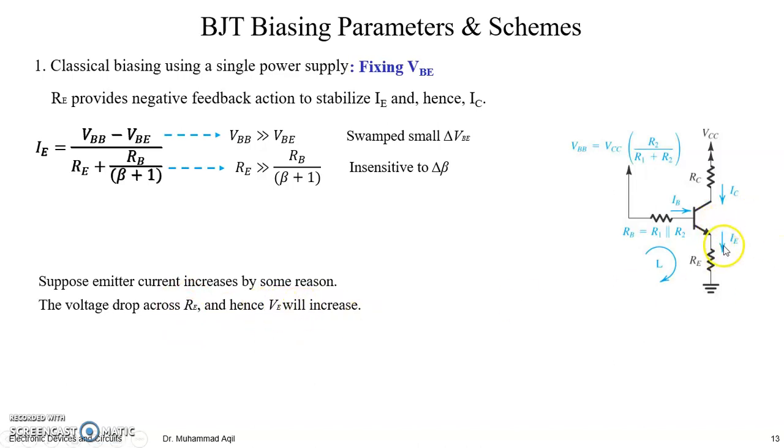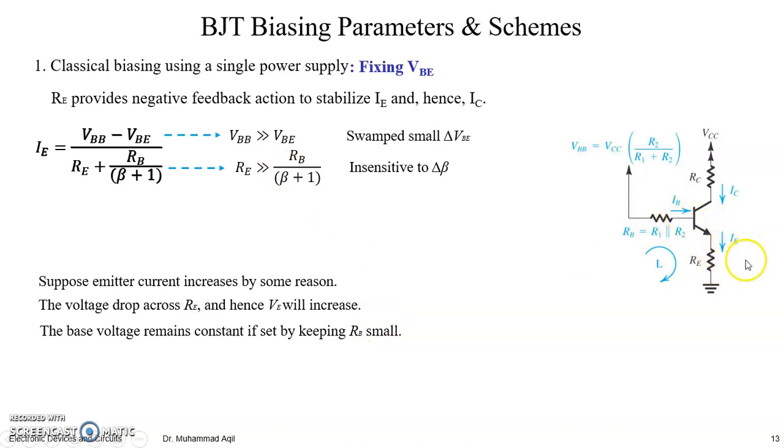If IE increases, IE multiplied by RE is VE, so VE increases. If the base voltage is constant, and it will be constant if we have fulfilled this constraint, of course with some compromise as discussed previously, it means the base voltage remains constant if set by keeping RB small.